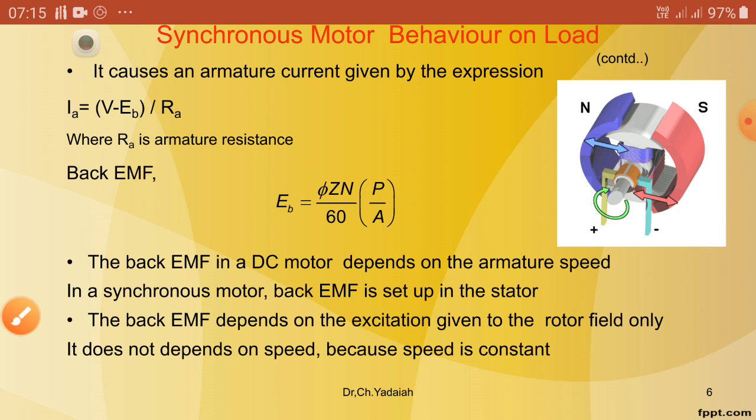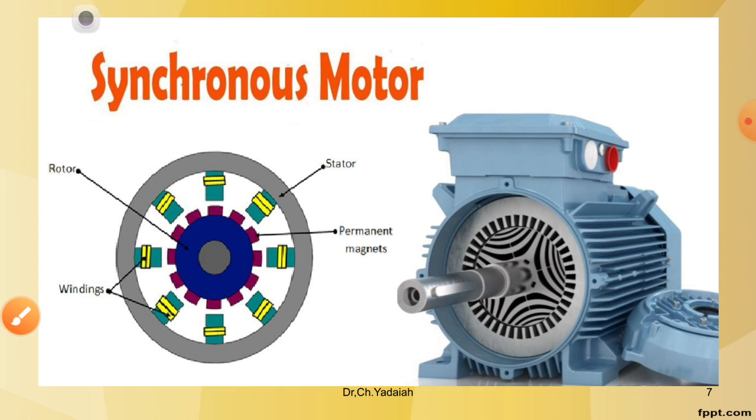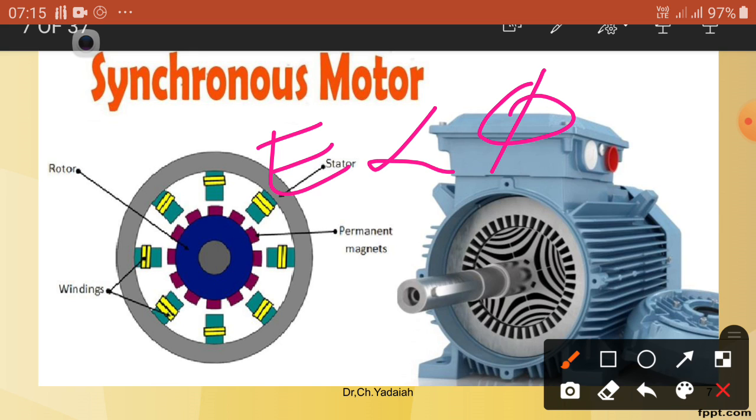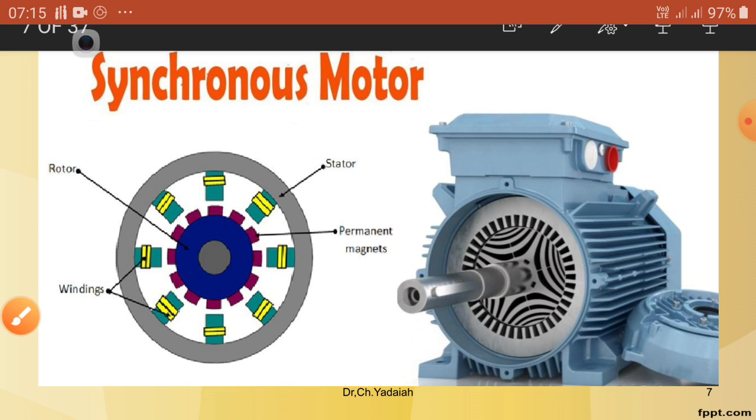But in our synchronous machine, EB is directly proportional to the excitation current, that is, the flux developed in the rotor circuit, which is directly proportional to the field current in the rotor. Okay. So this is a difference from DC motors.